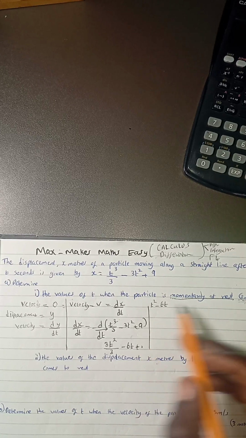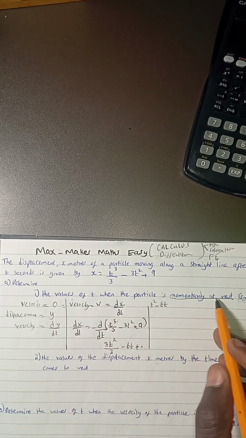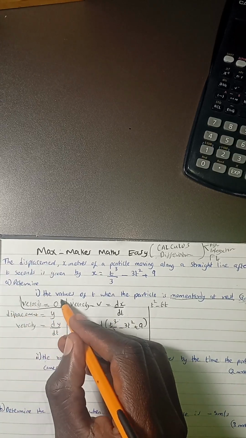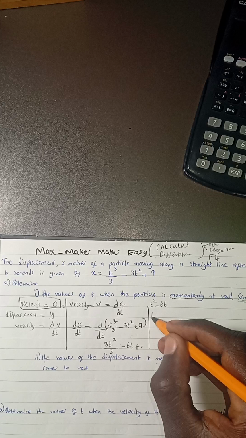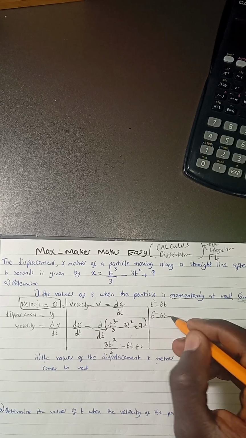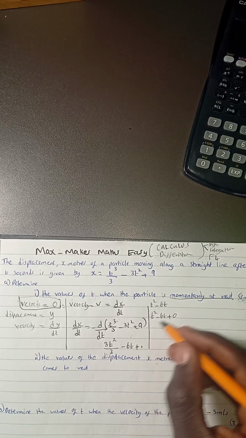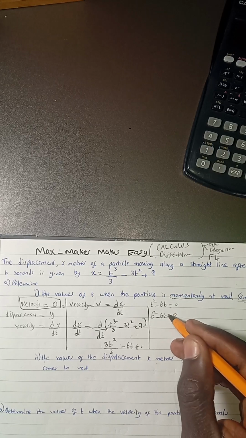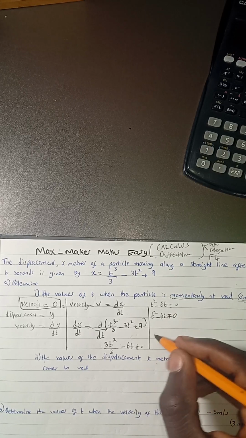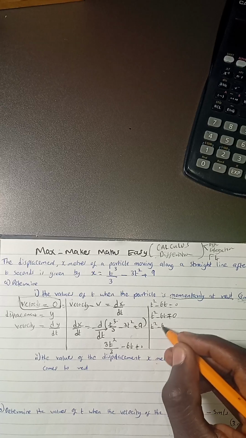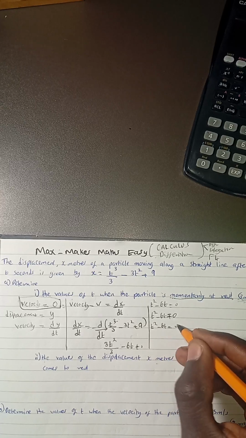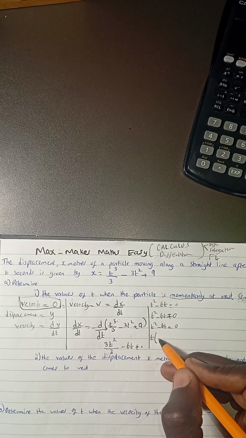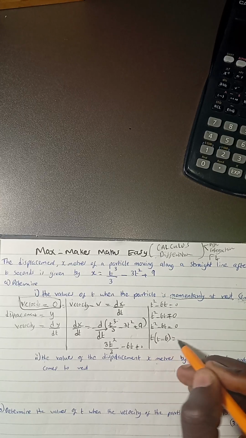We are told to find the values of t when the particle is momentarily at rest. When the particle is momentarily at rest, the velocity becomes 0. So t squared minus 6t is equal to 0. When we factor out t, it will be t into t minus 6 equals 0.